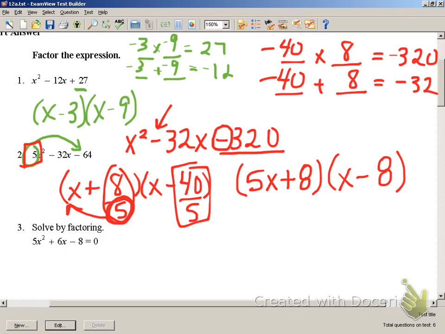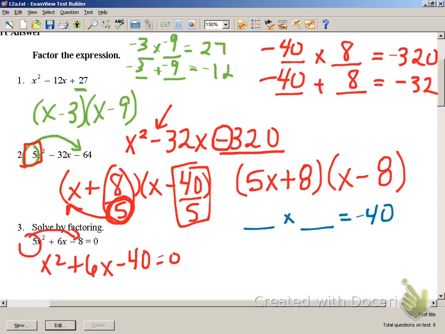There is not a GCF, so we will move the 5 around and multiply. So I have x squared plus 6x minus 40 is equal to 0. Trying to find factors, what two numbers will multiply to get negative 40, and what same two numbers will combine together to get a positive 6?